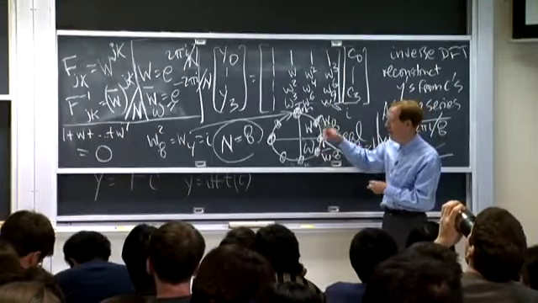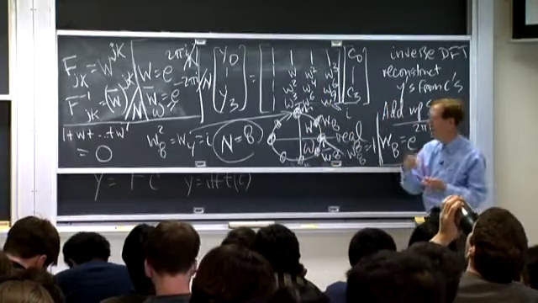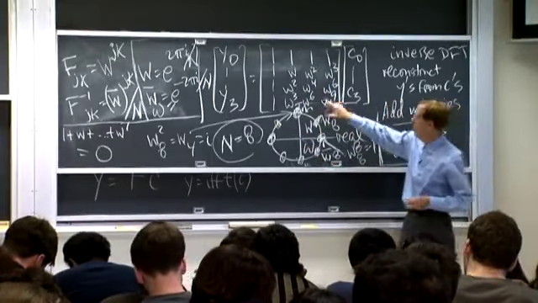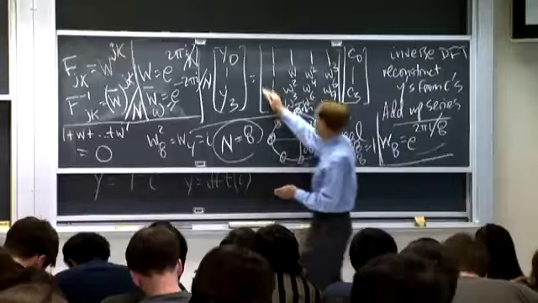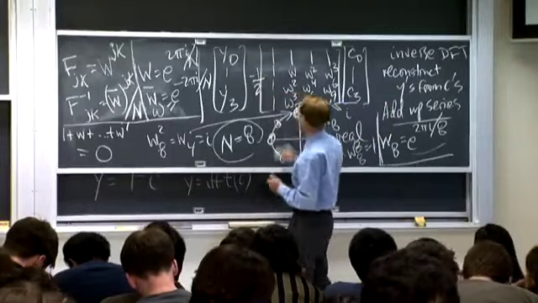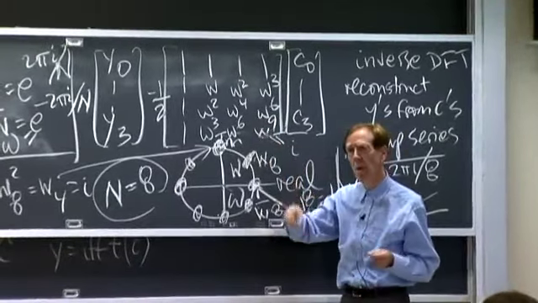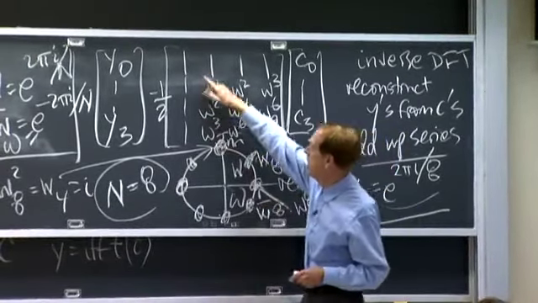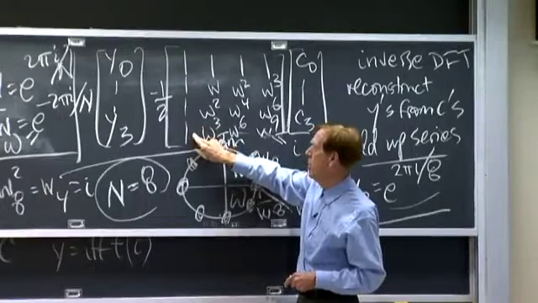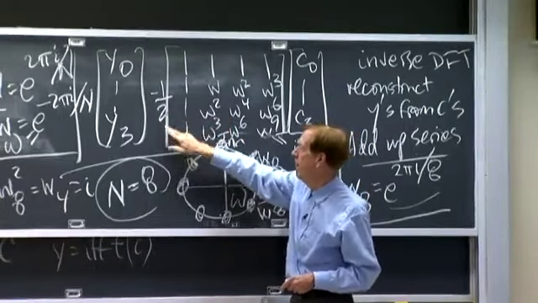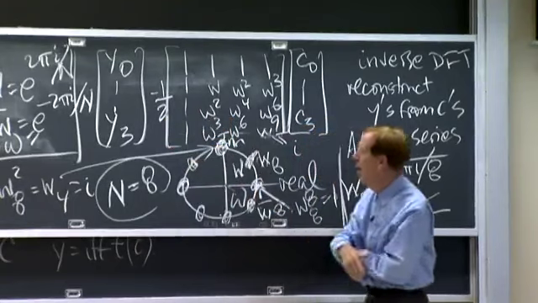Apart from this capital N factor. If I normalize it, if I take out 1 over the square root of n, now the length of every column is 1, so now I have orthonormal columns. 1 squared, 1 squared, 1 squared, 1 squared is 4, divided by 4 is 1.